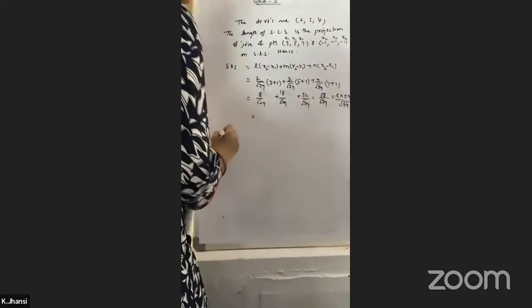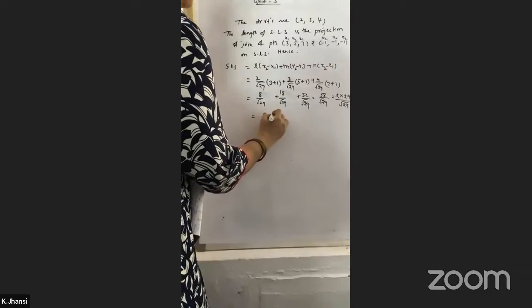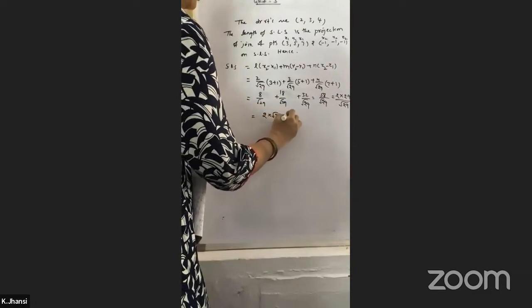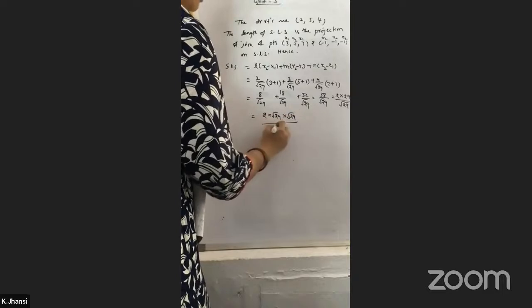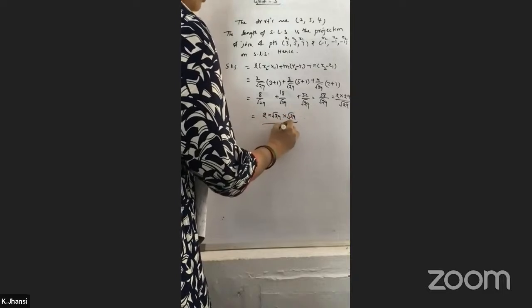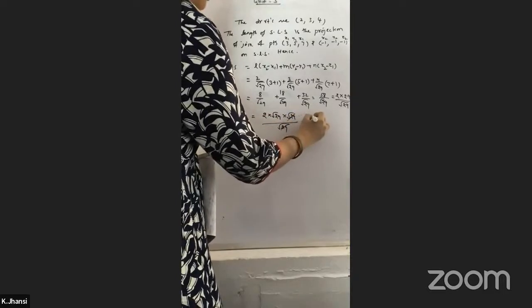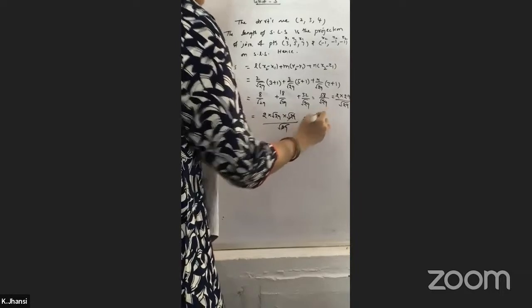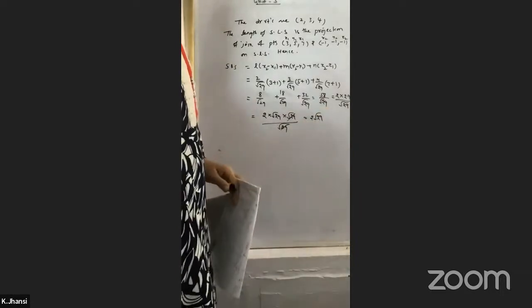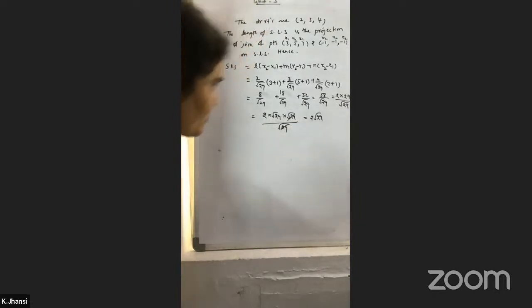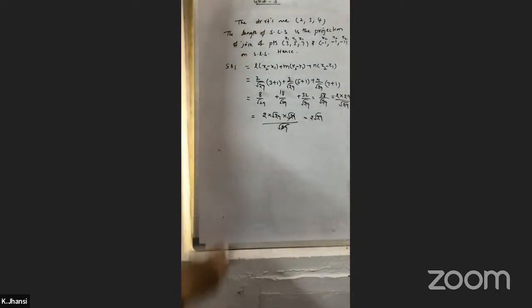We can write 29 as root 29 into root 29, so these two get cancelled. So the shortest line segment is 2 root 29.